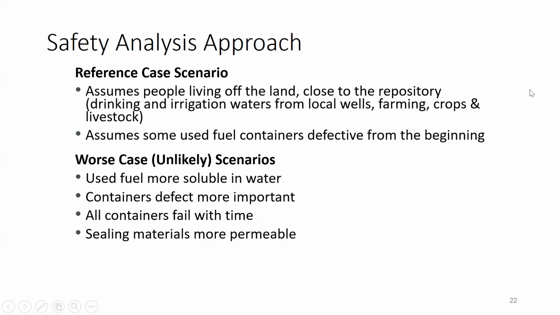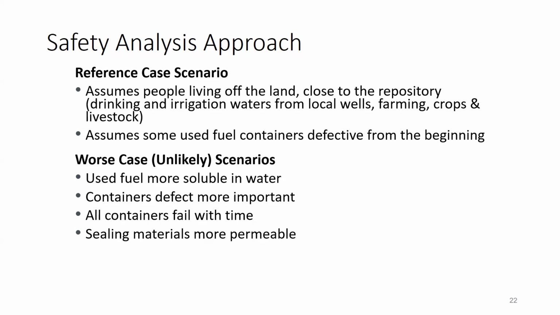So these are two assumptions that you bake into your thinking. You're not thinking all containers are going to be resilient from then on. You have to assume that some of them are not going to be, and that there will be people living above and using the actual land. Assuming that you're in the middle of nowhere, and nobody will ever use that space, is usually a flawed notion, especially when you're looking at the timelines of a DGR.